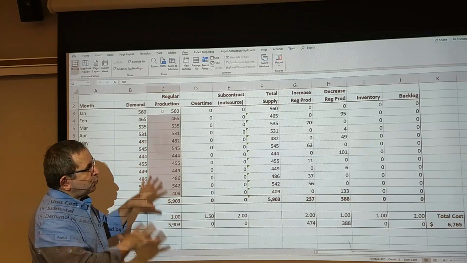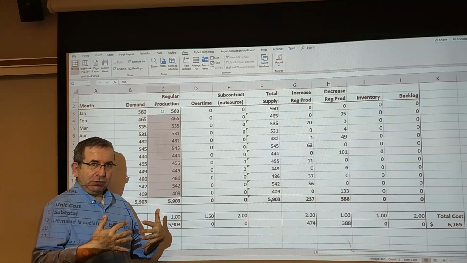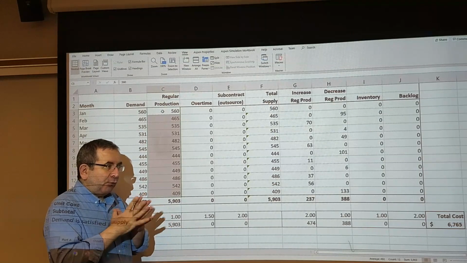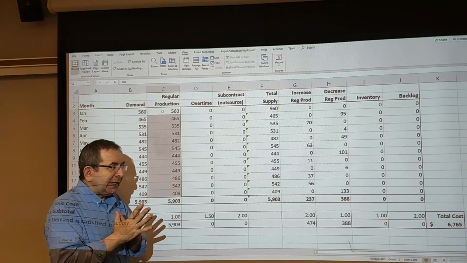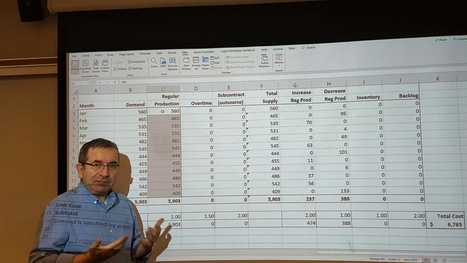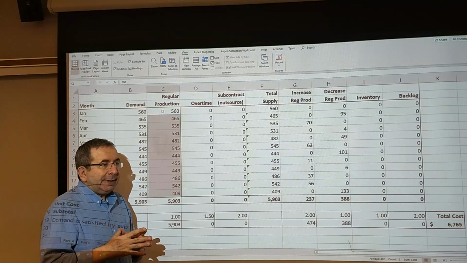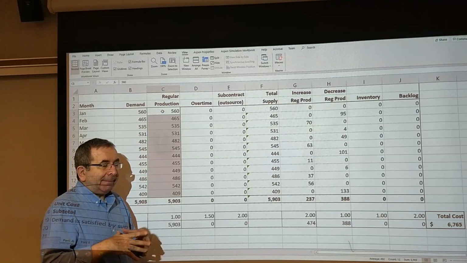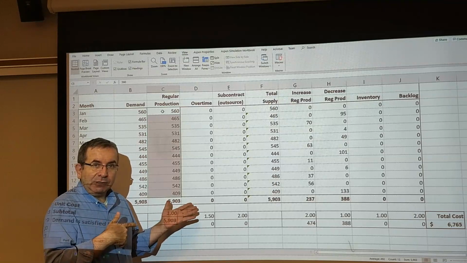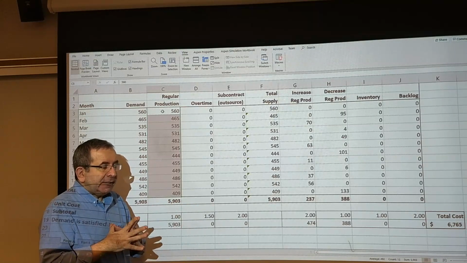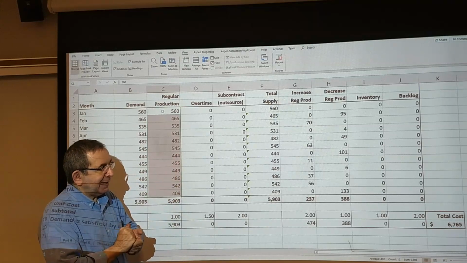However, I can try a mixture of the two. I can try a hybrid strategy. To find a hybrid strategy, I need to use an optimization model. How you do that is illustrated in my videos. In your assignment, you're going to use the Excel solver.